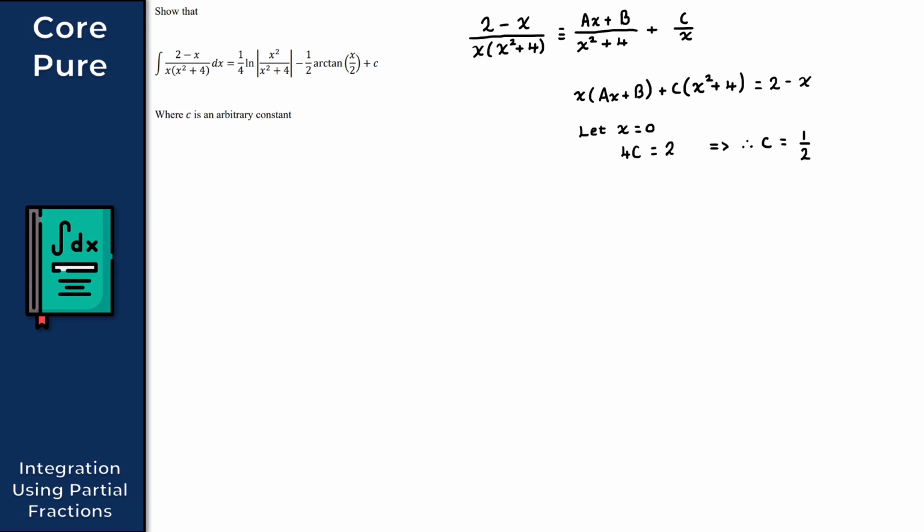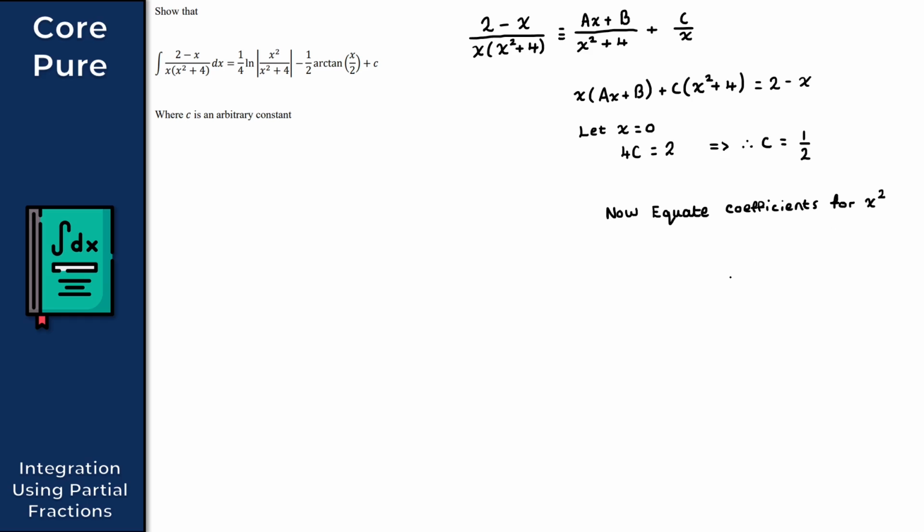So to find the value of a and b, what we now need to do is equate coefficients. So let's just make a note here. So we now equate coefficients here. What I'm going to do here then is start with the coefficients of x squared. So now equate coefficients for x squared.